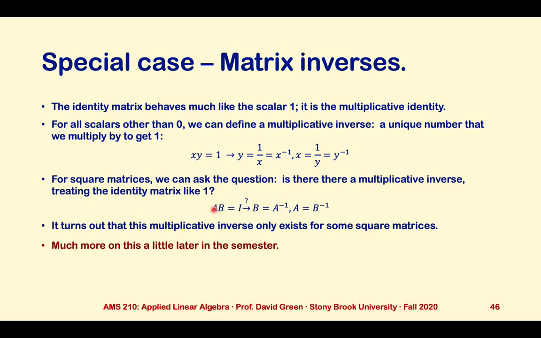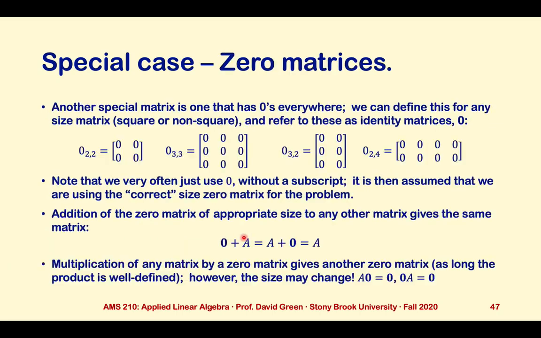For some square matrices, there is no matrix that we can multiply it by to get I. But if we can find such a matrix, then it has all of the same properties as a multiplicative inverse. For the time being, just be aware that you may sometimes see this notation of A inverse, and this is what it means. We'll be digging into this idea much more a little bit later in the semester.